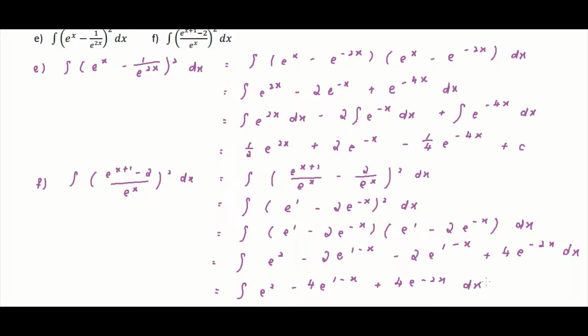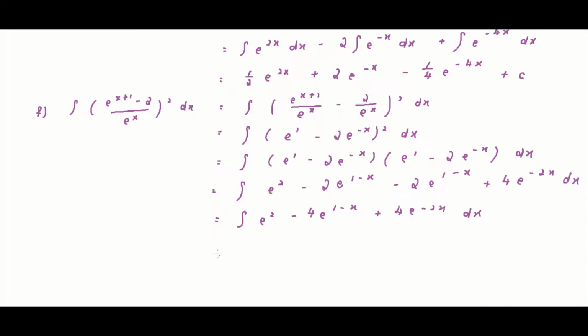Okay, so now we can start to do the integration. So e^2, when you integrate, what do you get? If it's e^2, this is not even a function because you do not have any variable. e^2 is basically a constant. So what do you have? It's just e^2 x. Okay, then after that, you need to continue.